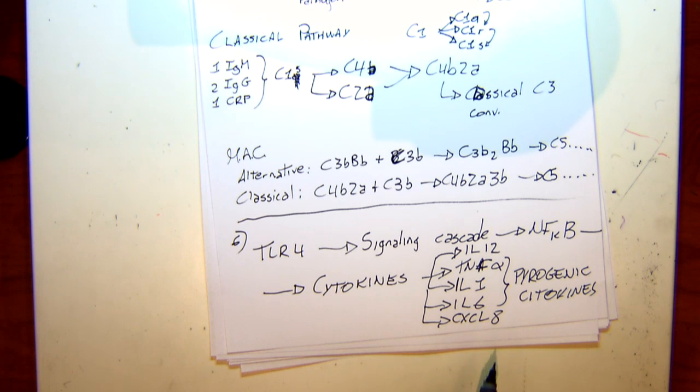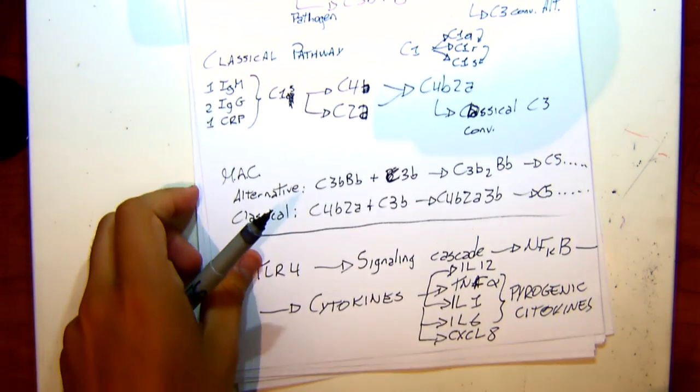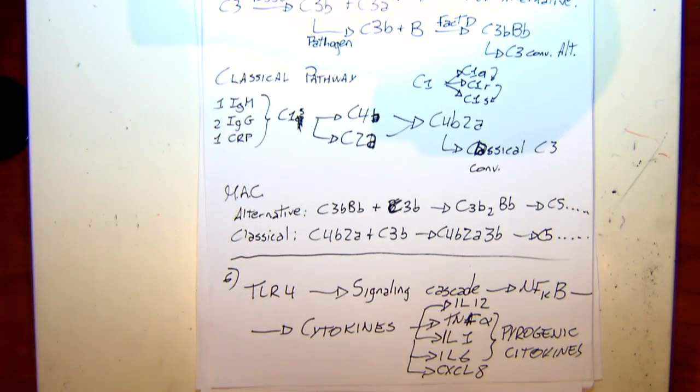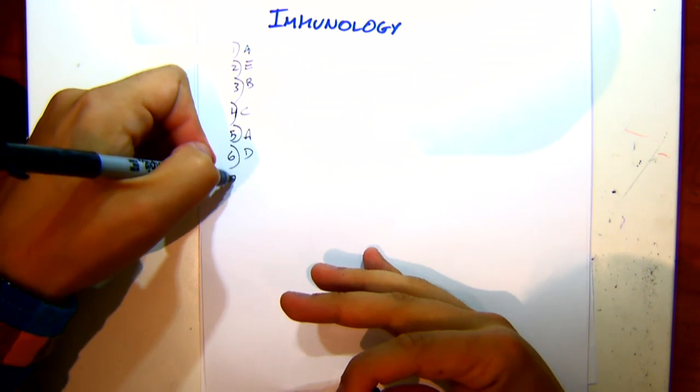CXCL8 will call in your neutrophils, remember? And thanks to the vasodilation that these cause, they'll be able to enter the site of infection and so on. So yeah. Good review. Good times, right? Cool. So for 6 it's going to be all of the above.